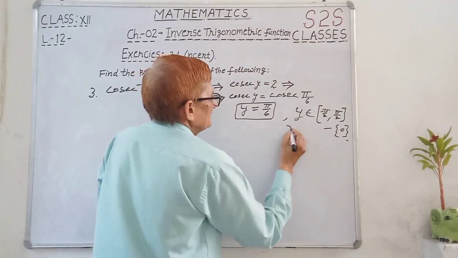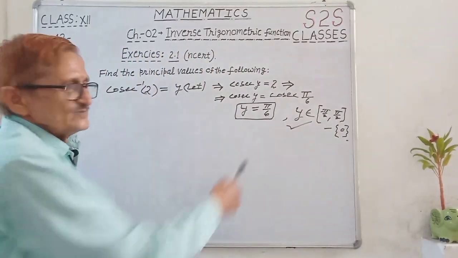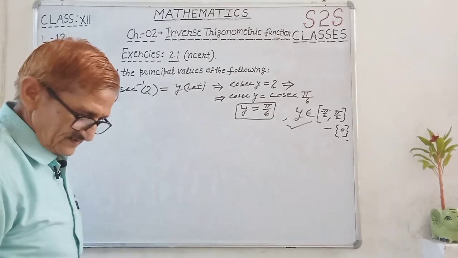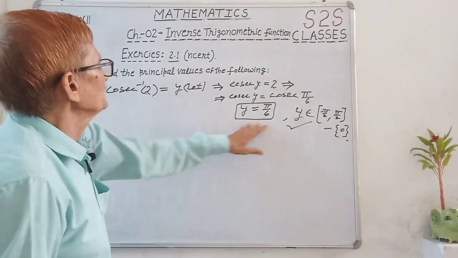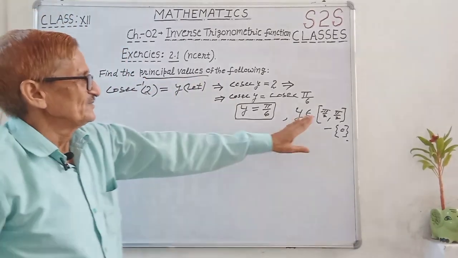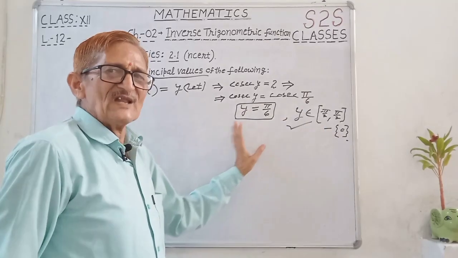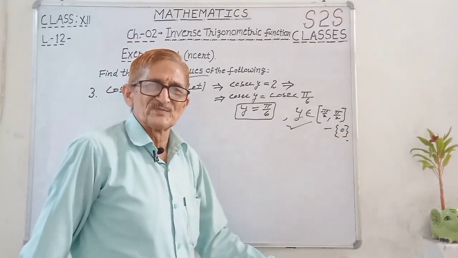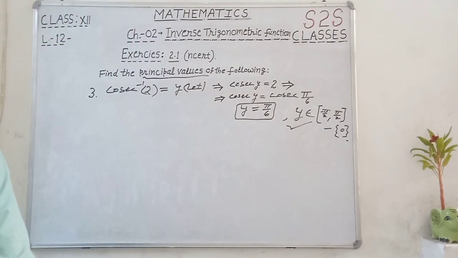This is the range of cosec inverse, so it must be within the range. Done. Many other values are possible, but we have to give the principal value. Principal value means principal branch; the value must be in the principal range. Okay, so now the next question.